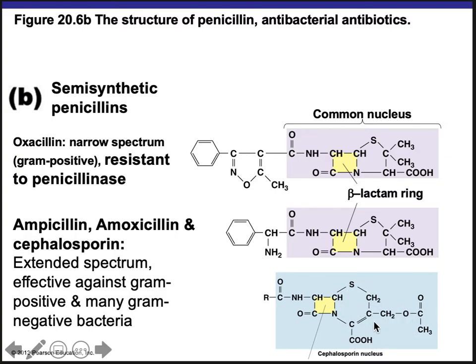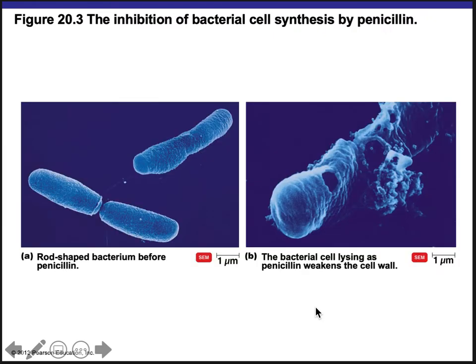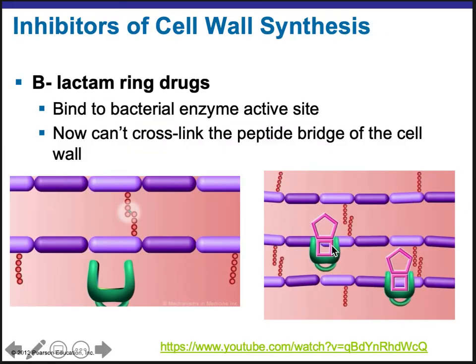So that part is very different than what we're seeing up here for the semi-synthetic penicillins. But cephalosporin is a beta-lactam. So cephalosporin is not a penicillin, but it's in the same family because it still has the beta-lactam ring, which ultimately will have the same reaction of what we see here, right? A beta-lactam ring binding to the peptidase enzyme responsible for cross-linking the peptides in the cell wall.